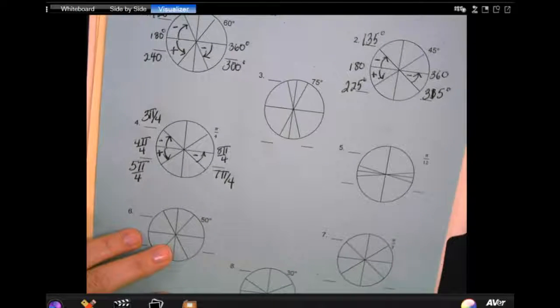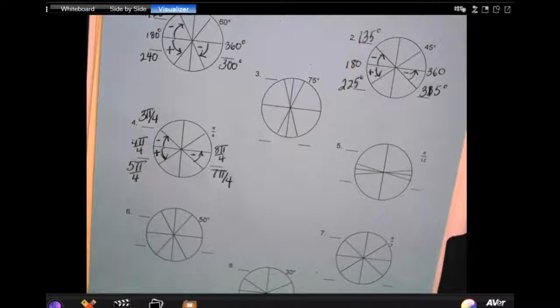So you all do the 12 one. What's pi in 12s? Yeah.